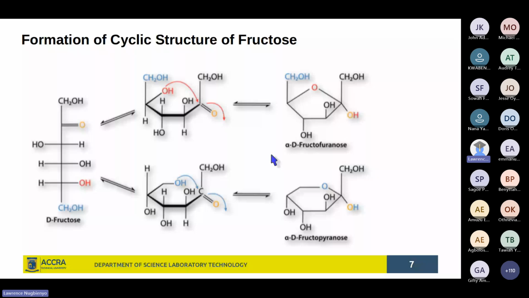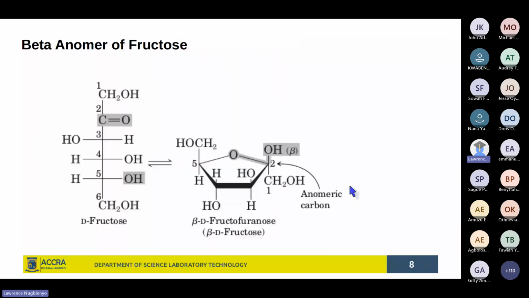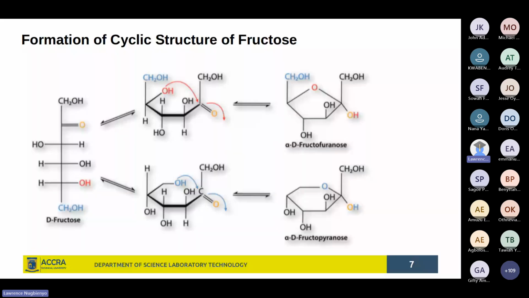So we see that these two things can occur. But you see the same thing that we talked about, that you can have a beta configuration or an alpha configuration. If you look critically at what we just saw, this time it is carbon number 2, because the ketone group is on carbon number 2.